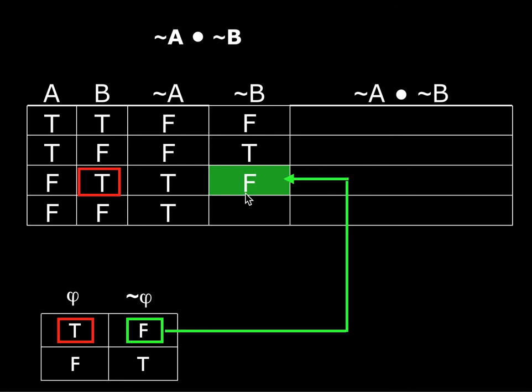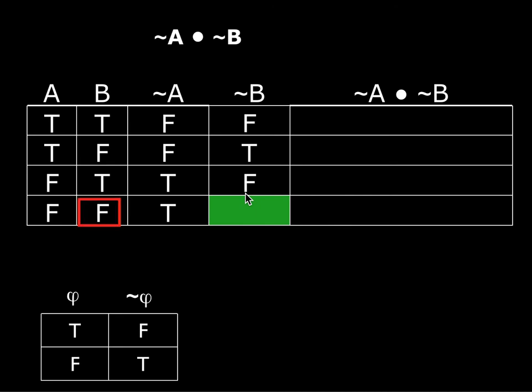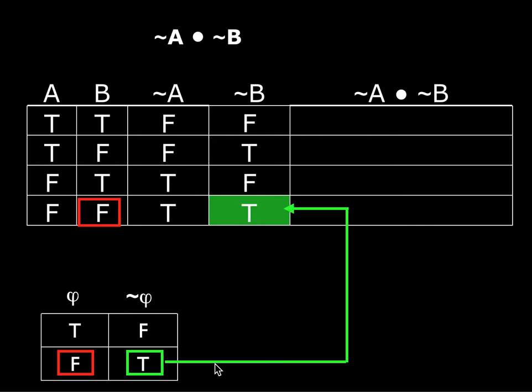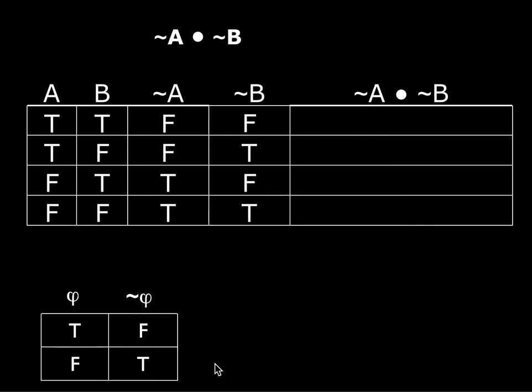You get the idea now. For this cell, B is false, so this is going to be true, of course, just the opposite. But let's go through. When this is false, this is true, so I'm going to put a T there. Okay, so now we've got the truth columns for not A and not B, the negations. Now let's do the conjunction, the final column.